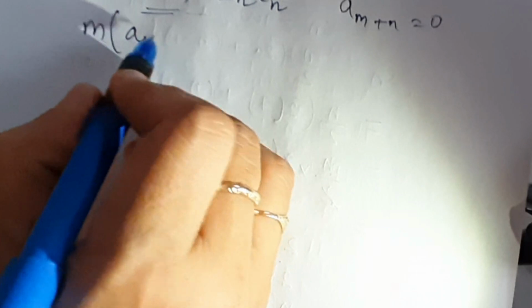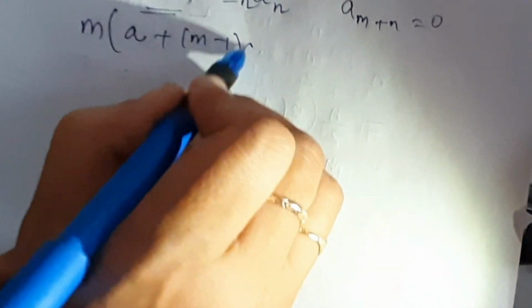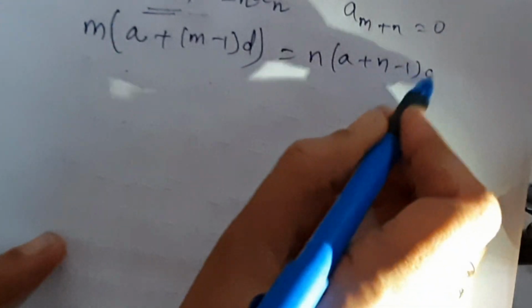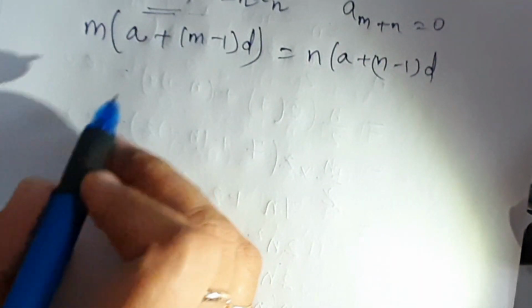The mth term is given. So here m times the mth term is equal to n times the nth term. Both are given. So m multiplied by the mth term, the formula is a plus m minus 1 d. For the nth term, it's a plus n minus 1 d. Now let's multiply them.